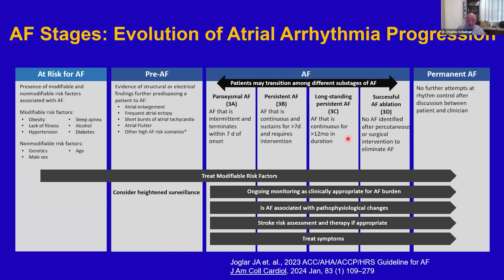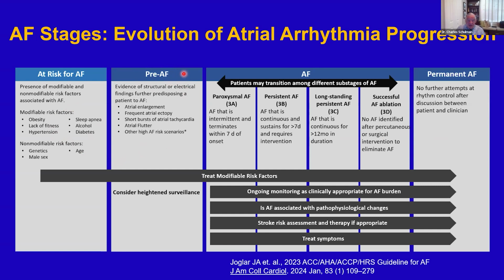Now, the guidelines recommend what are called AFib stages. So the first stage would be at risk. This would be so-called primary prevention, treating modifiable risk factors. The second stage would be something called pre-AFib.